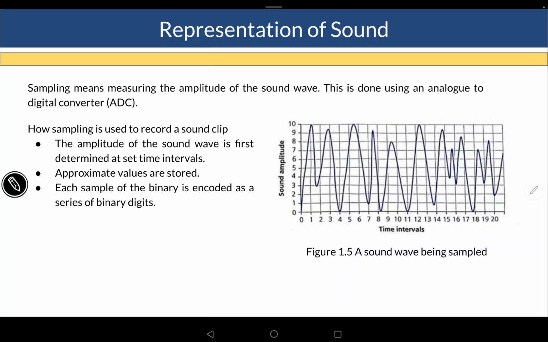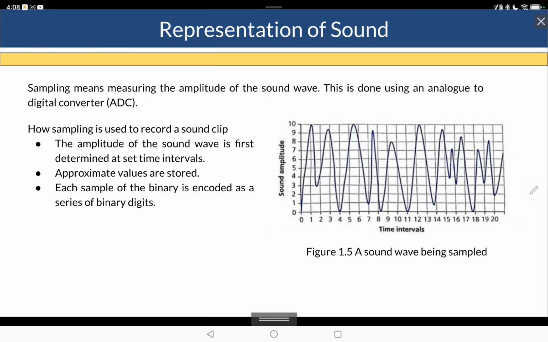Now let's look at the meaning of sampling. Sampling means measuring the amplitude of the sound wave. Remember that amplitude is how loud a sound is. So sampling means measuring the amplitude of the sound wave, capturing the height of a wave at regular intervals.